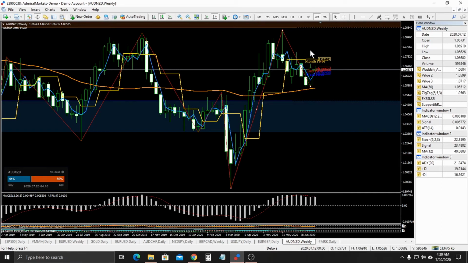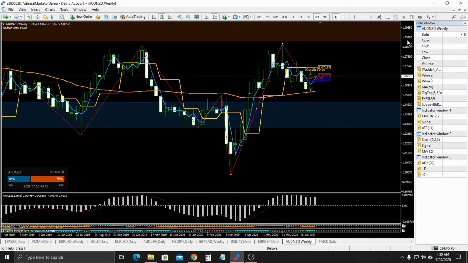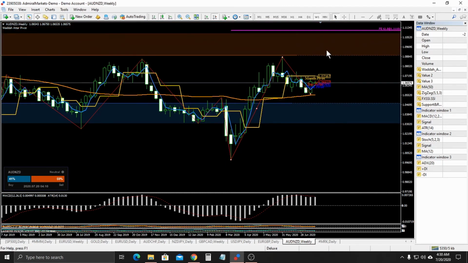So the decision is to take this trade long, the Aussie Kiwi long, and following the BBD setup, I'm looking for my first take profit to be somewhere around here, 1.110.